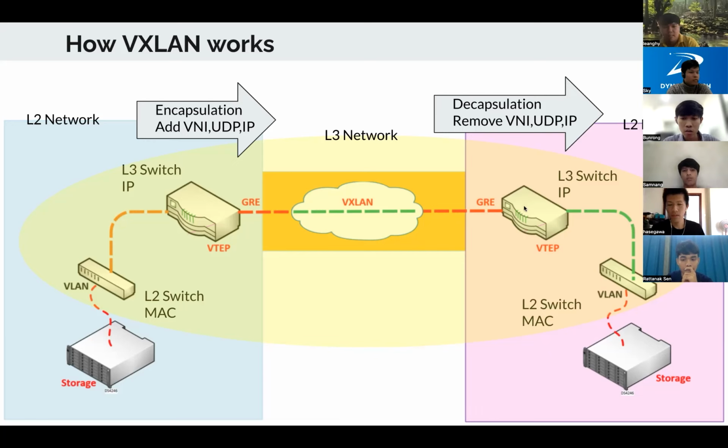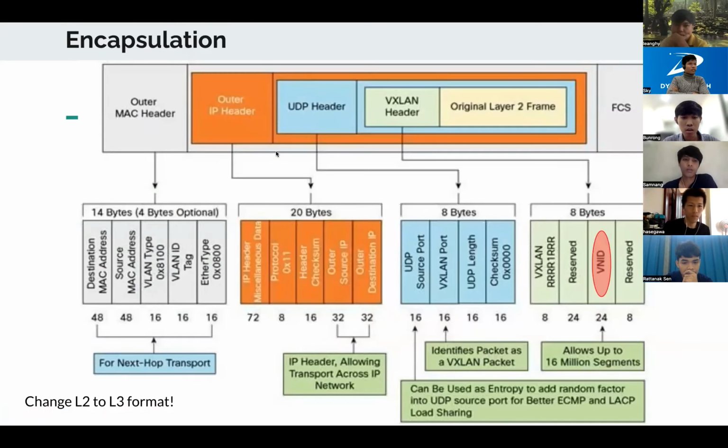Then the destination switch or router does decapsulation, which removes the VXLAN ID, UDP and IP, then sends to the L2 switch and on to another device. So this is an encapsulation protocol.